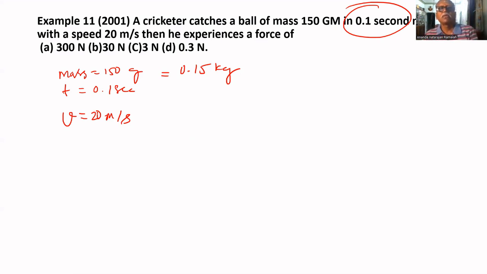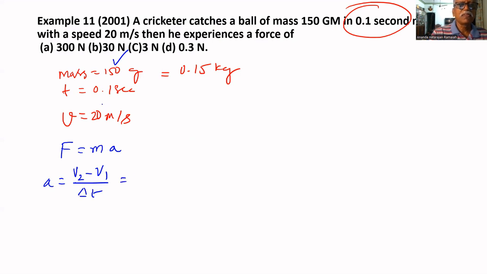Then force equals what? Force equals mass into acceleration. Mass is given. Acceleration we can find: change in velocity, v2 minus v1, divided by delta t.